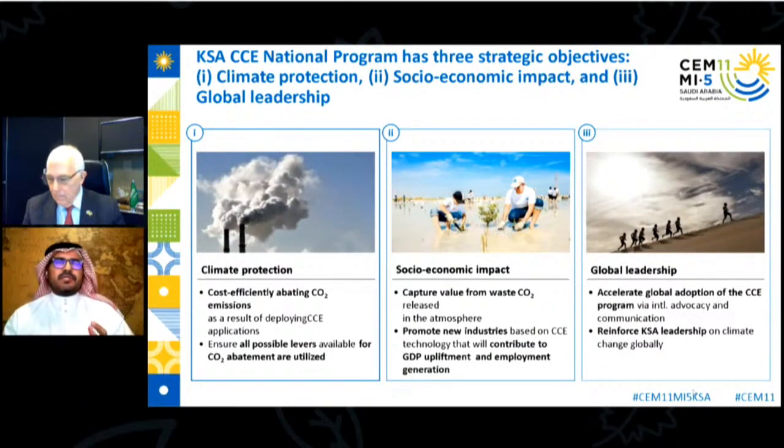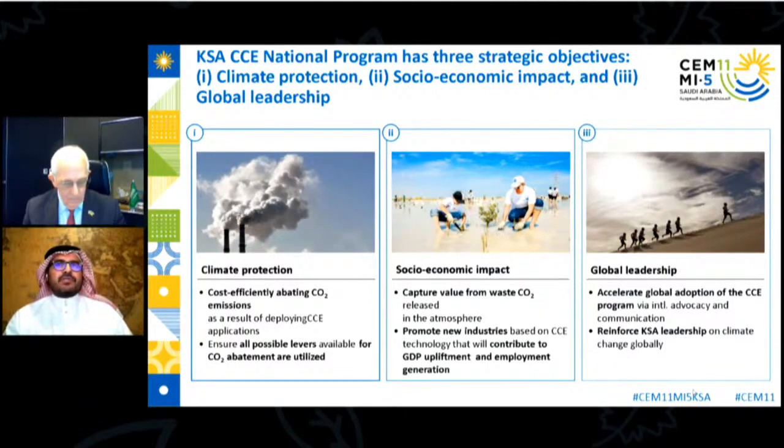And so that's why, from our perspective, we believe that the CCE, the climate protection angle, with the socioeconomic impact, is where we can capture value from waste CO2 released in the atmosphere, and promote new industries based on CCE technology that will contribute both to GDP uplift as well as employment generation.